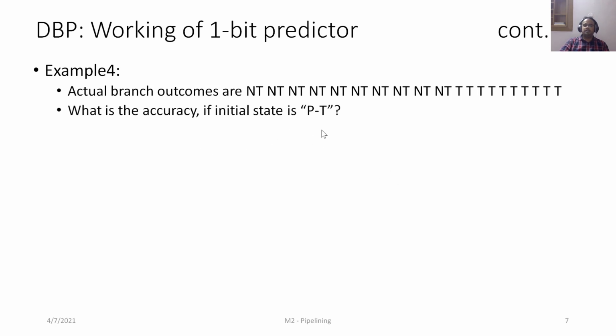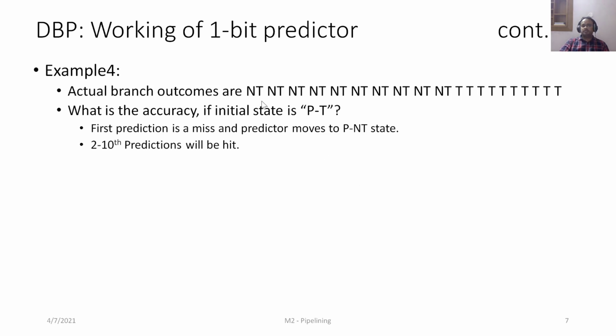So if we start with the one bit branch predictor in PT state, it looks similar to the second half of the previous slide. The very first time we are going to make a misprediction, and we are going to switch to predict not taken. The remaining 9 times we are going to predict not taken, which will be a hit, and the 11th time we will predict not taken, but the actual branch outcome was taken.